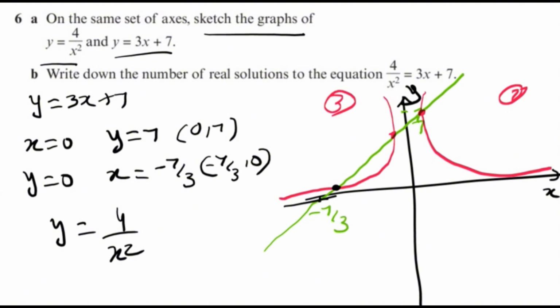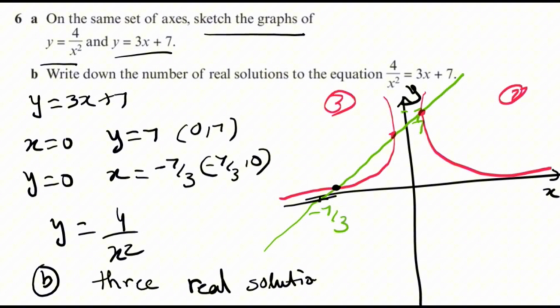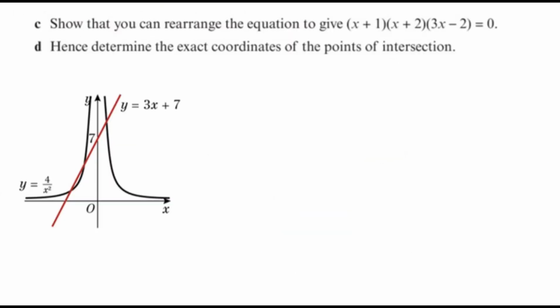So for part B, we can say there are 3 real solutions to these equations. Right? So this is part A and part B. We sketch the graph and then we write, we can see from the sketch that 3 real solutions are there. Now move to part C.